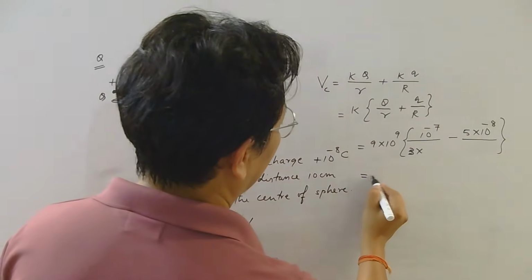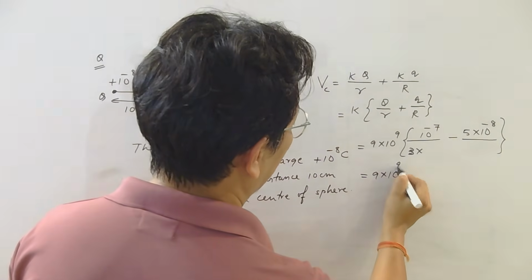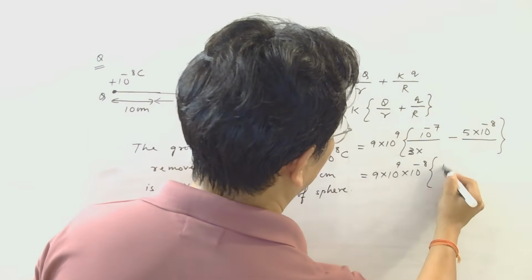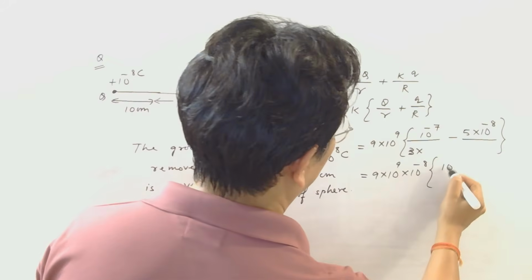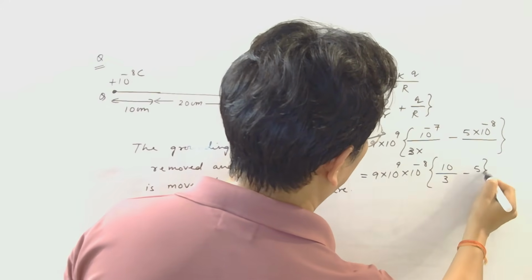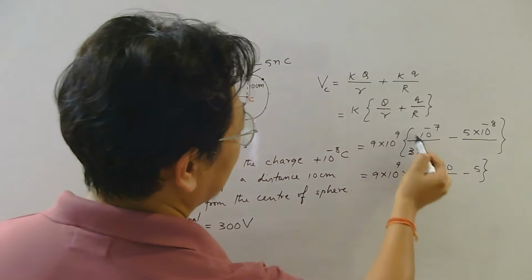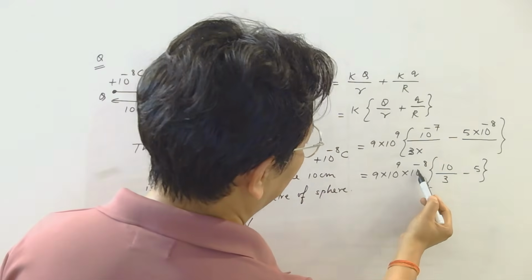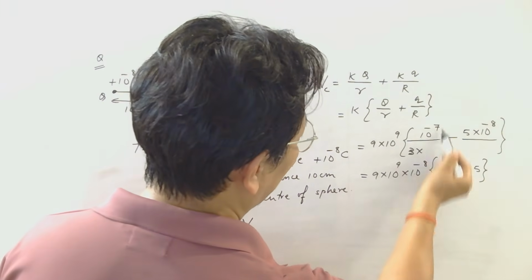And if I take 10 power minus 8 common, here I should get 10 by 3 minus 5. Because this is 10 power minus 7, right? So if I take 10 power minus 8 common, when I multiply this with 10, I should get 10 power minus 7.